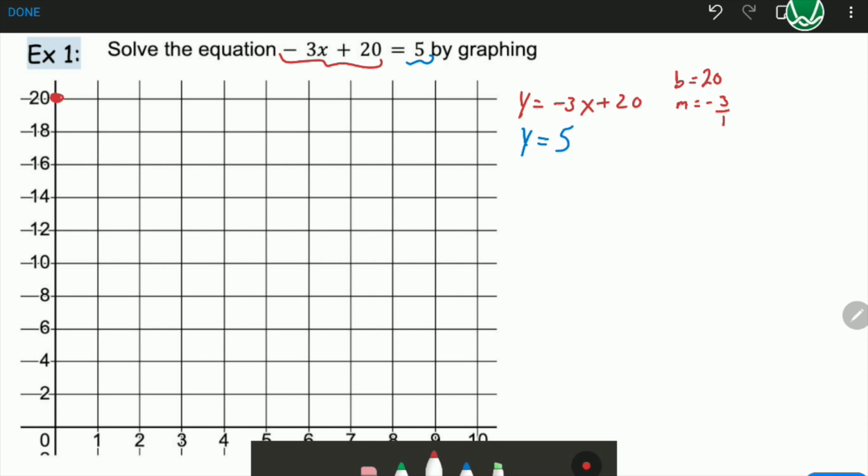And then for our slope, down 3 over 1, down 3 over 1, just continuing that pattern.